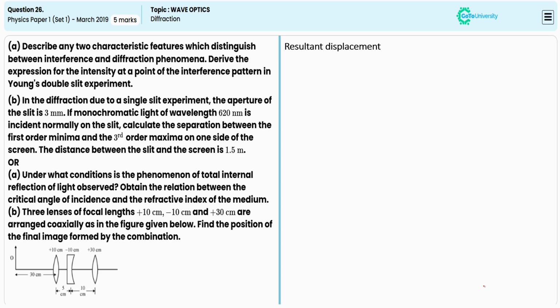Then the resultant displacement is y equal to y1 plus y2, that is a into cos omega t plus cos of omega t plus phi. Then we can write this as 2a cos phi by 2 cos of omega t plus phi by 2.